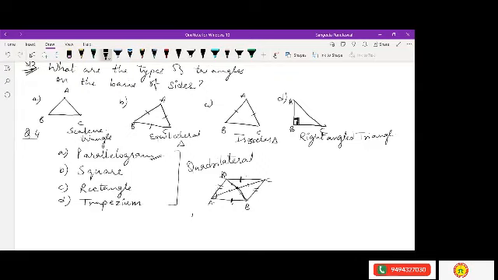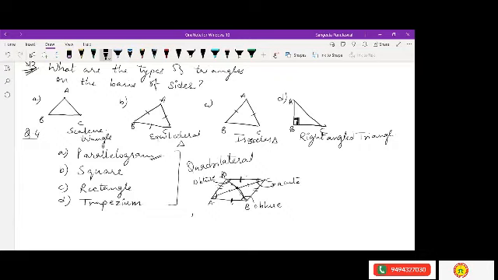Yes. And this angle is an obtuse angle. Yes, ma'am. And here also you can see this angle is obtuse, and this angle is acute. This angle is acute. This angle is obtuse.